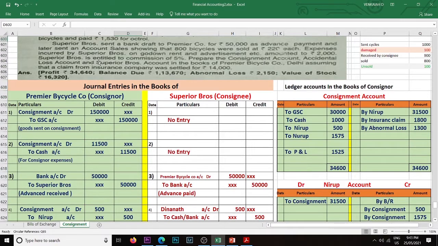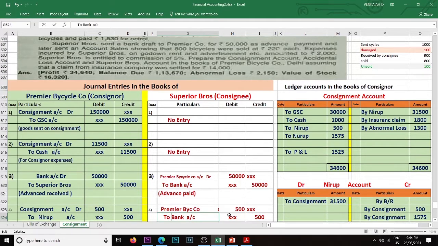Expenses incurred by Superior Brothers, consignee, godown rent and advertisement, etc., amounted to 2,000. So earlier they paid 1530. Now they paid 2,000. Total consignee expenses is how much amount? 3530. So Premier Bicycle and Co., consignor, to bank account in the books of consignee.